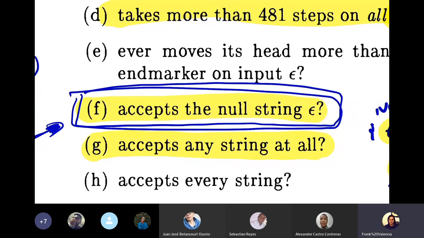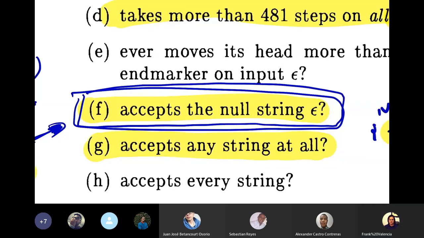Whenever you see a question that doesn't depend on the machine, but rather on the language, then your gut should tell you that maybe it's undecidable. And this is the case. I can write infinitely many machines or infinitely many programs that accept only the null string.